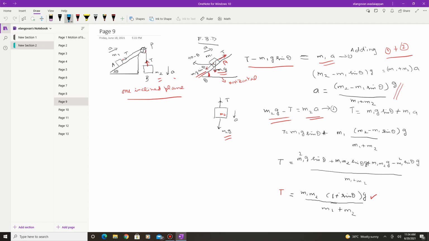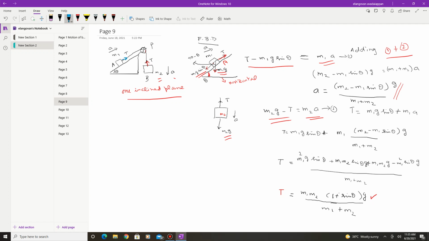Since there is a tension acting from block A along the direction of motion, this is T1. If we consider block B, again tension T is acting upwards from block B. Since the tension in a single wire must be the same, both must be T. Now since the block m2 is moving downwards with an acceleration a, the block A is moving along the inclined plane with an acceleration a.